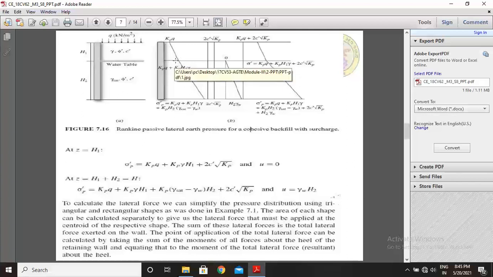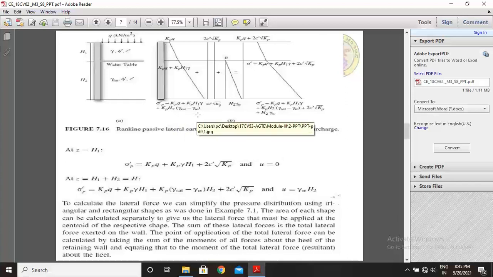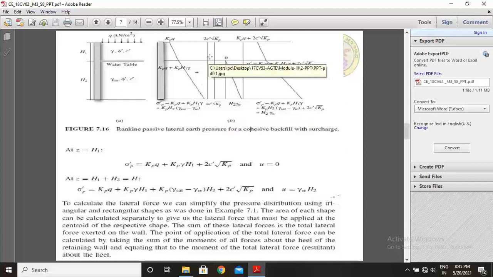This total is at a depth of H1, and at a depth of H2 we calculate this distance, this plus this, times 2c root Kp, plus this pressure diagram, that is Kp times H2 into the density, gamma saturated minus gamma W. Earlier we used the same concept, but instead of Ka you substitute Kp, and here you add 2c times root Kp, whereas earlier we deducted it in active earth pressure. That is the main basic difference.